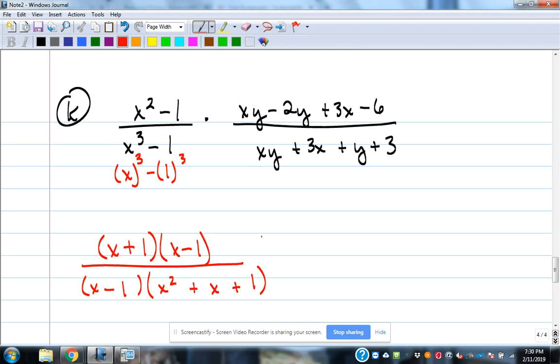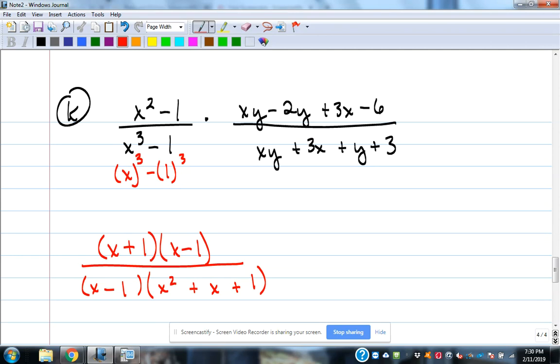Sums and differences of cubes. I'll try to link a video on Canvas to you guys as a review of sum and difference of cubes. Just because you don't do it very often, it's not something you're going to remember a whole lot. I do it more often than you guys do, but even teaching math every day, I don't do sums and differences of cubes very often. They don't come up very much.